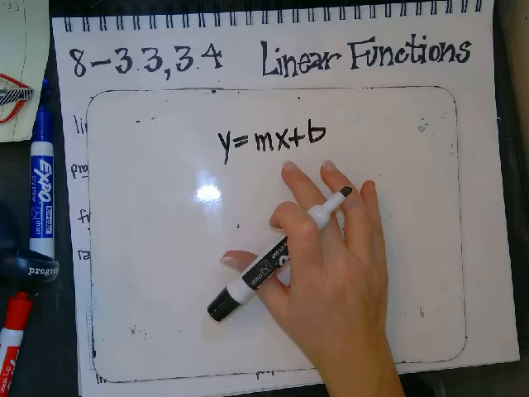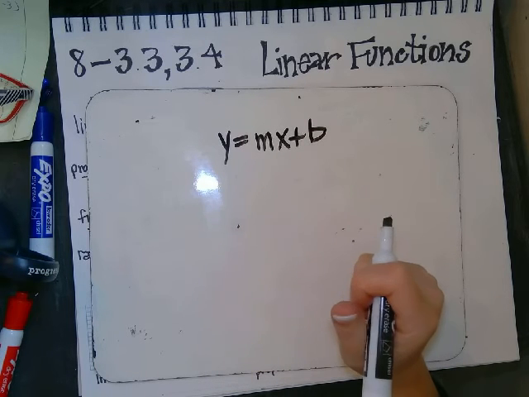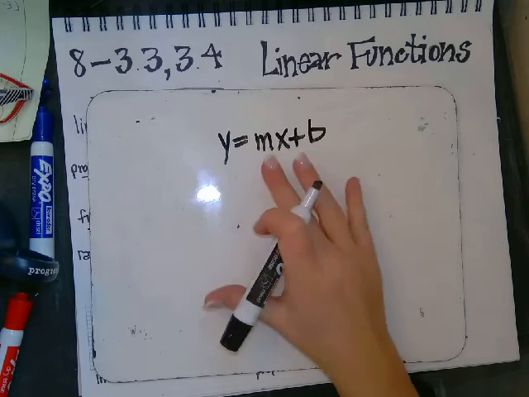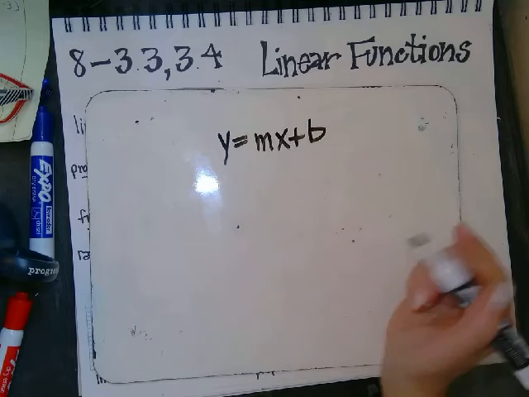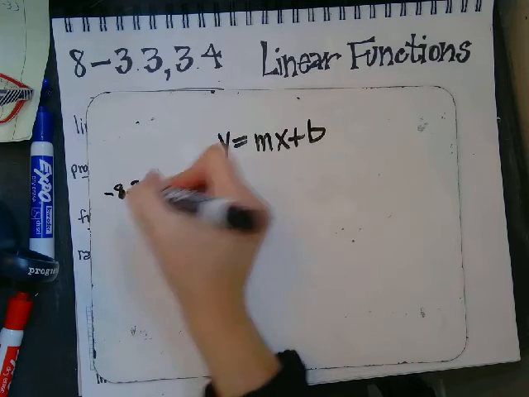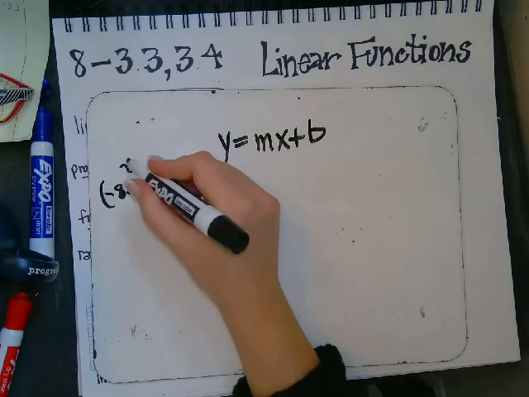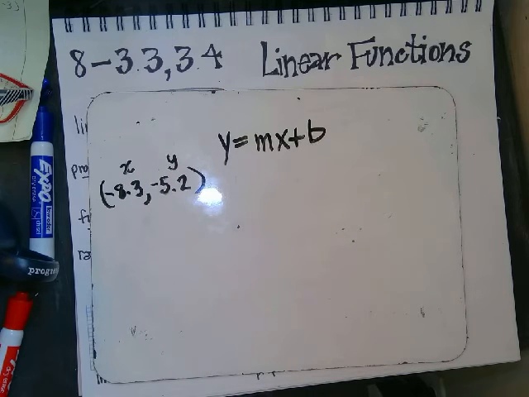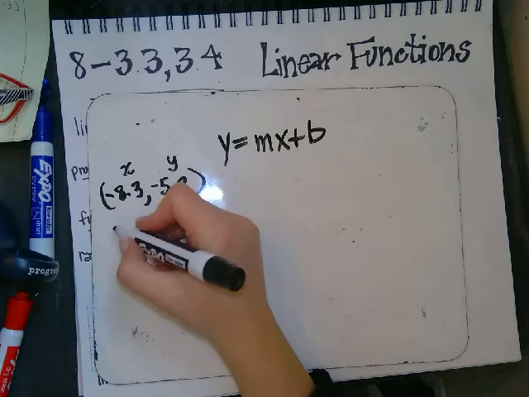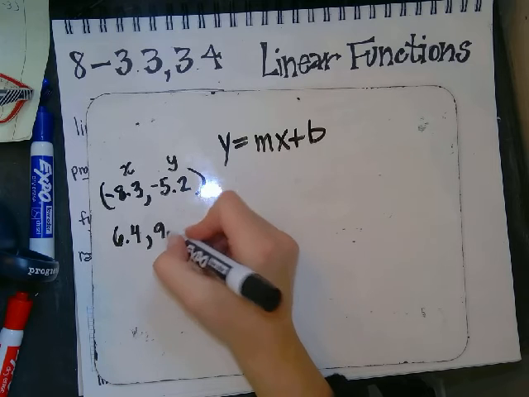This is our slope-intercept form. And we have to contain the points negative 8.3, comma negative 5.2. So remember, this is our x coordinate and this is our y coordinate. And then we also need a second point. You can't have a line without 2 points.